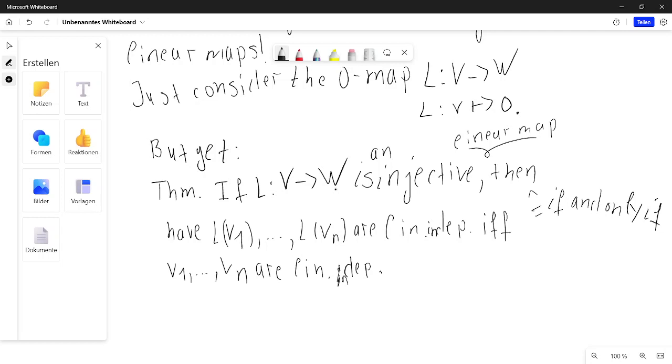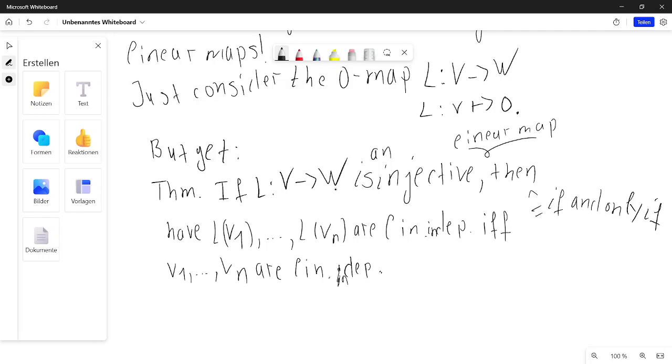And the application of that is very simple. You just go into W, for example, and you take some vectors in it, and you see they are linearly independent. And for some L that you have chosen, you see also they have preimages. If L is any linear map, then you have already the linear independence of your preimages, no matter how you choose them. That's also nice.